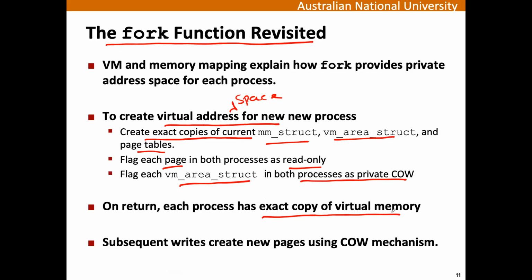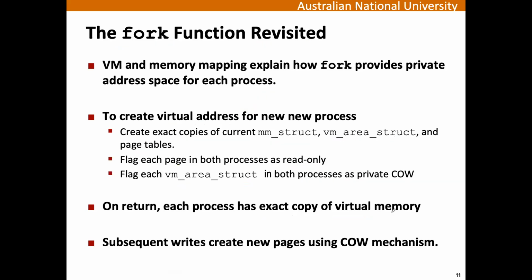We just copy the data structures of the parent process and allocate those data structures for the child process. We flag the page table entries as read-only, and the VM area structs as private copy on write. Now, what happens if the child process performs a write to one of the pages that it inherits from the parent?